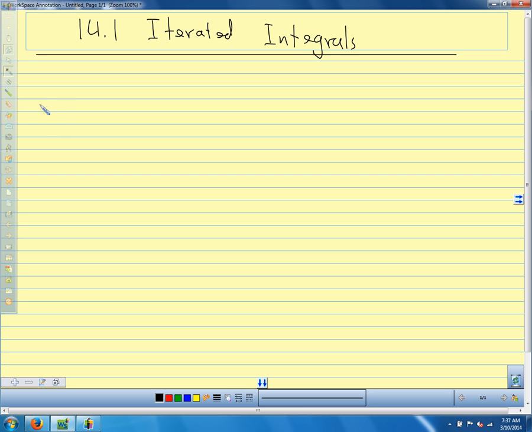All right, so let's look at the integral from e to the y to y of y natural log x over x dx. And we're going to say y is greater than 0.